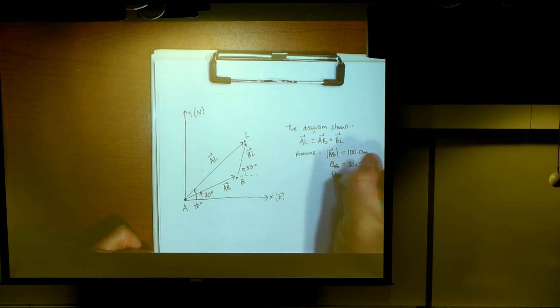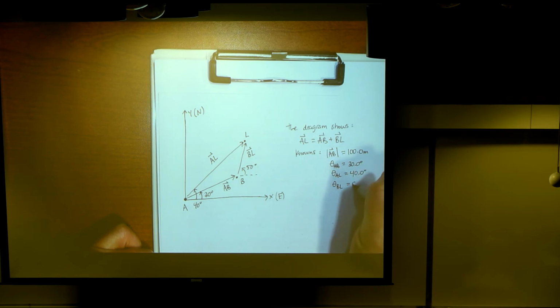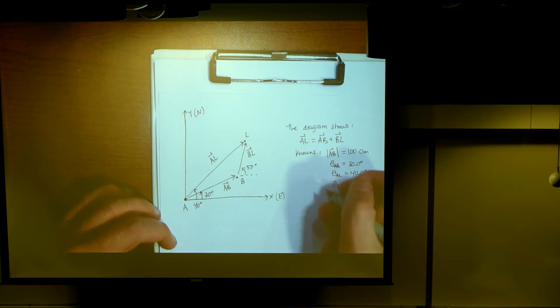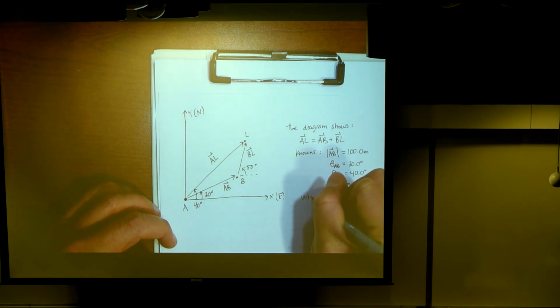We know all the angles, in fact. We know the angle of my vector AL, which is 40 degrees off the x-axis, and we also know the angle of the vector BL, which is 50 degrees off the x-axis, okay? So, with those as our knowns, what are the unknowns?